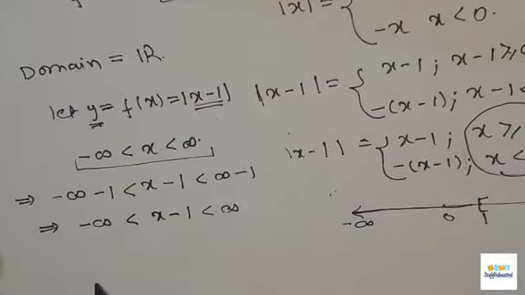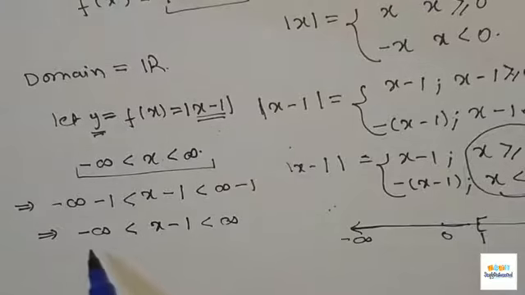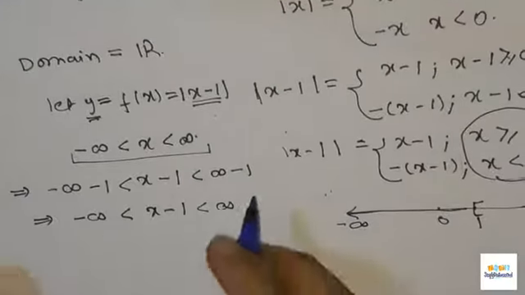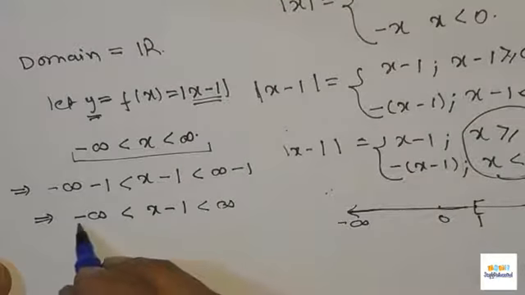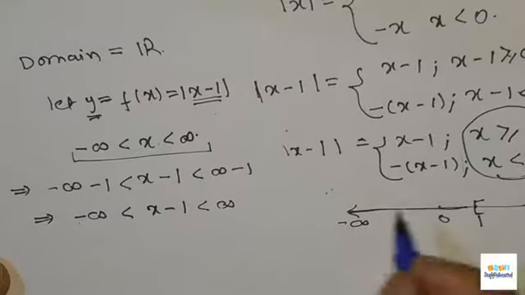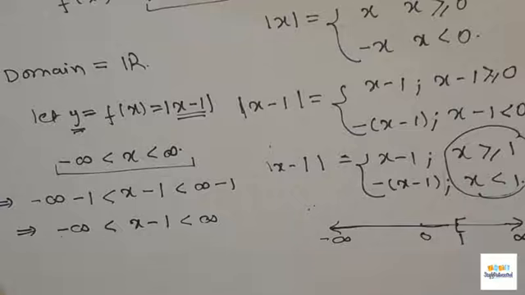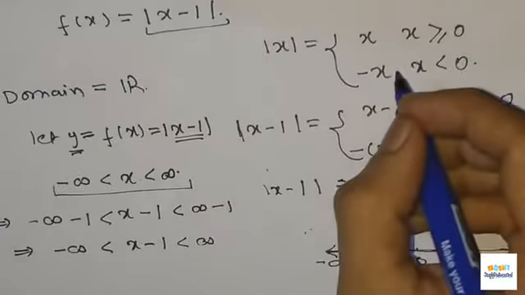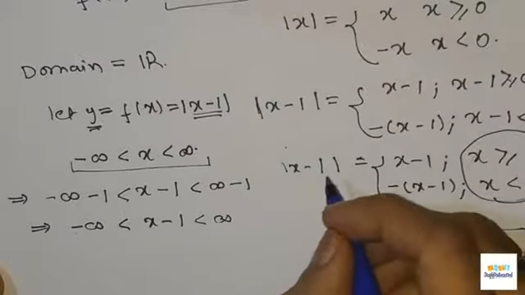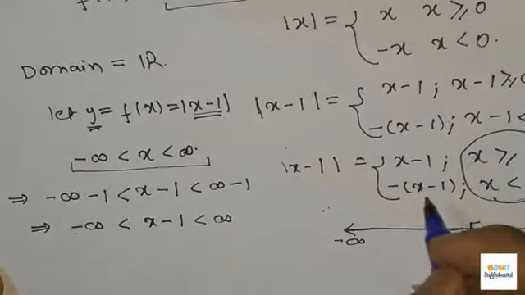Now you want modulus of x minus 1, so you have to operate modulus here. When you operate modulus, what you will get? See, modulus of a function by definition is this, right?